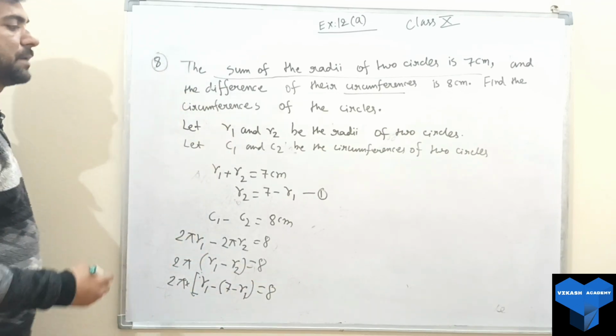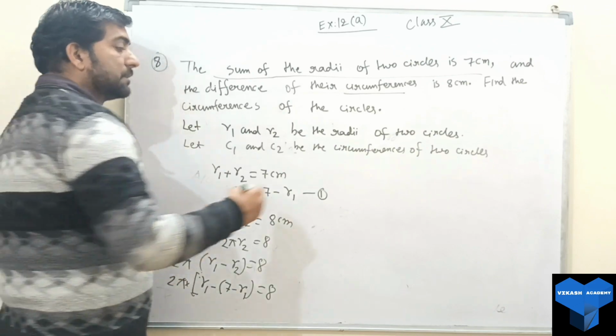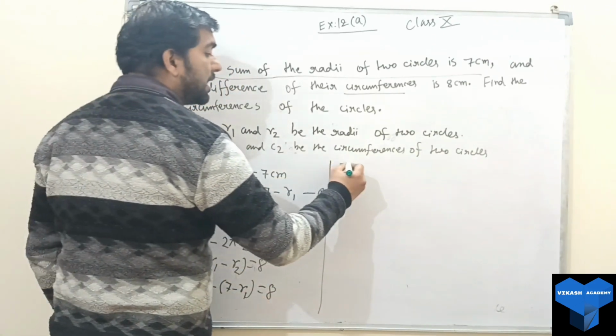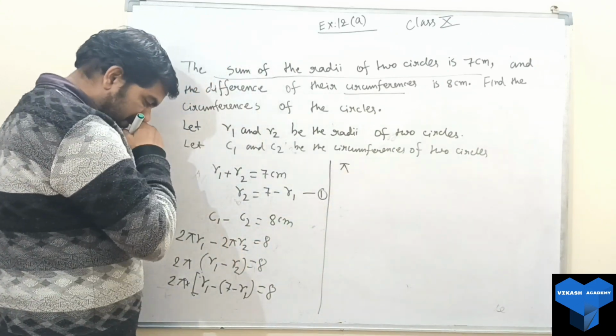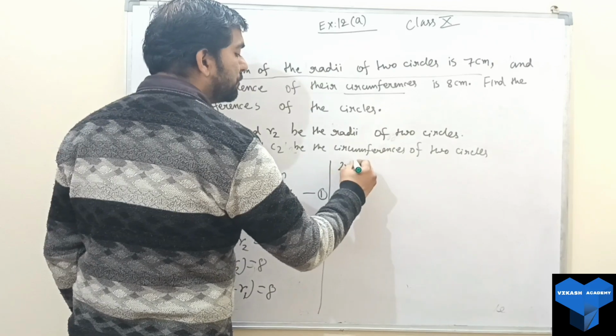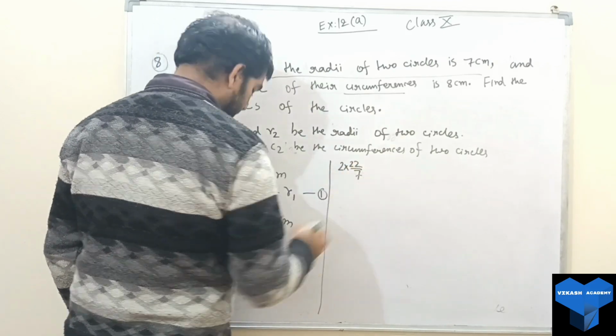So next step, let us put the value of pi, which will be 22 by 7.